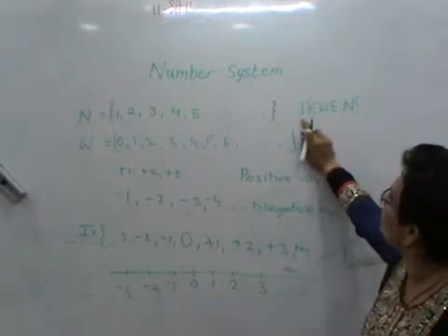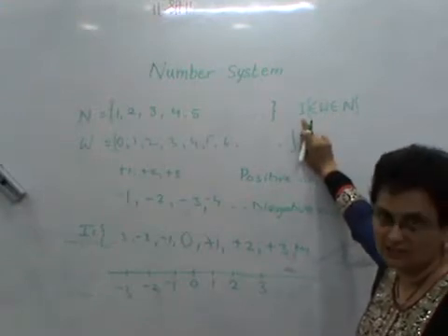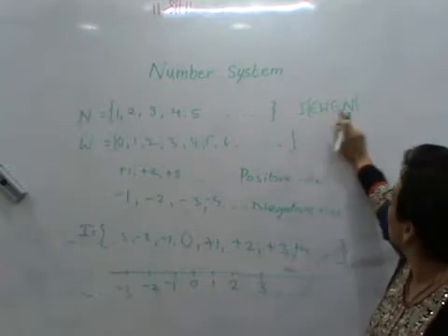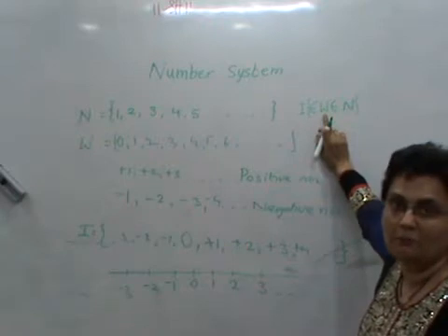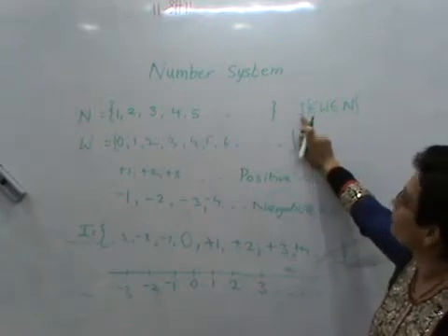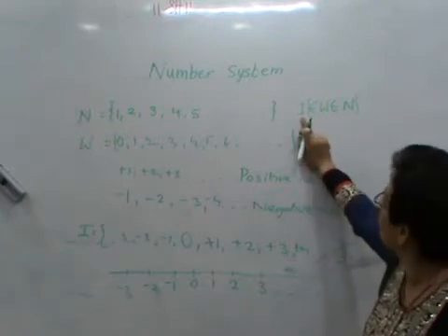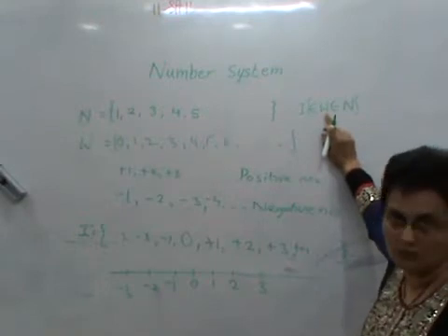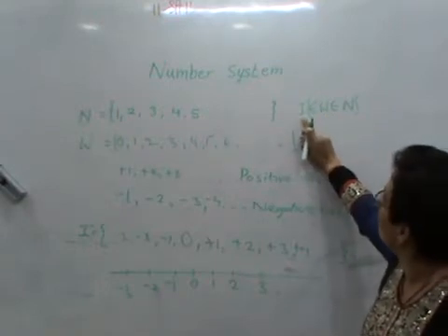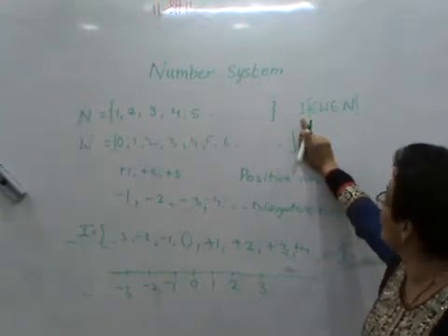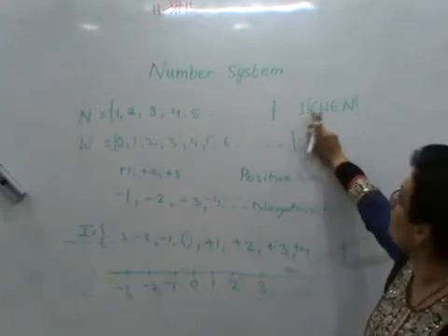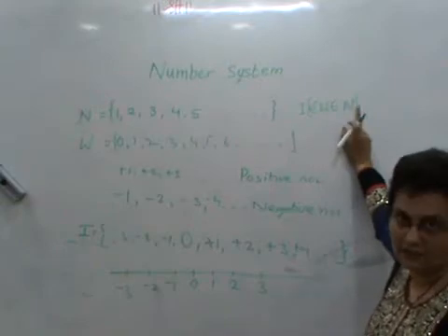Whole numbers belong to the family of integers. That means if any number is a natural number, it will automatically be a whole number and automatically be an integer. If any number is a whole number, then it definitely will be an integer, but not necessarily a natural number.